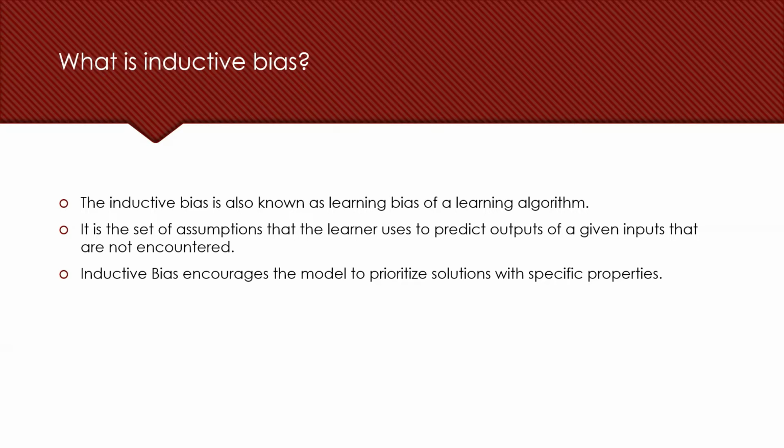In machine learning algorithms, we divide our data set into two parts, training and testing. We train our model using the training set and we test our model using the testing data set. Let me give an example for inductive bias. Assume that we need to predict the price of a house. We assume that the price of the house is dependent upon the size of the house.